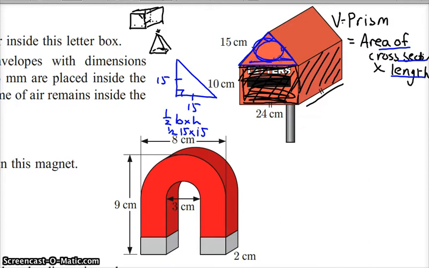And what do we have to do after that? We have to multiply by the length. So multiply by this distance here, which we know must be the same distance as through there, which is the same distance as this here because of these lines, meaning 24. So we're multiplying all of that by 24. All right?